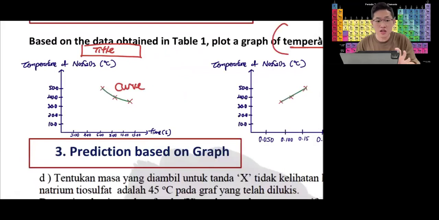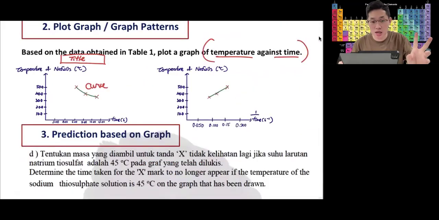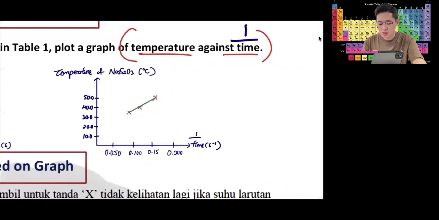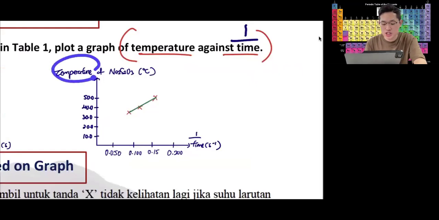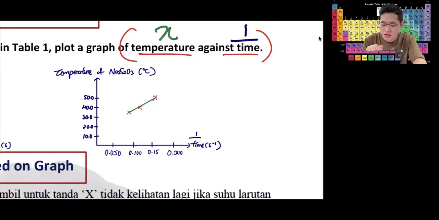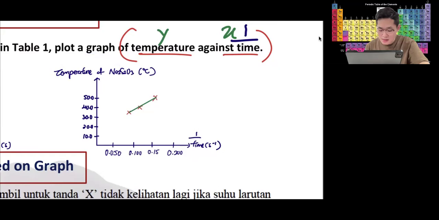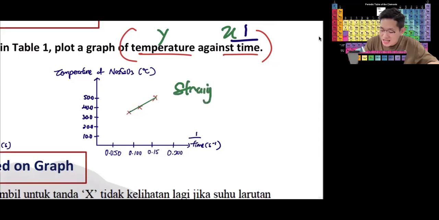Okay? If the question changes, please don't memorize blindly. If the question changes to 1 over time, this is my graph of temperature against 1 over time. Remember, it's always y-axis against x-axis. So I plot my points, and then I connect them together in a straight line.